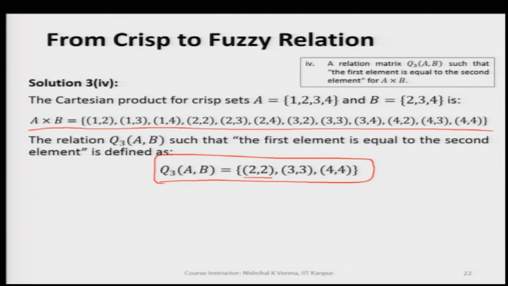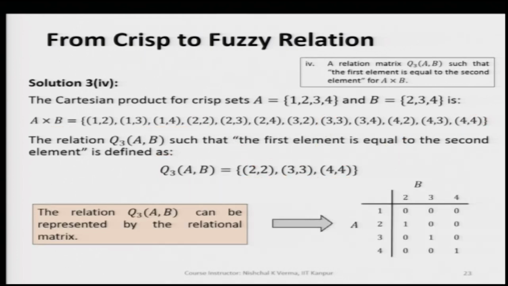So, first element, second element and then the third element, and this 2 2 is coming from here, 3 3 is coming from here and 4 4 is coming from here. This way we have another relation set Q 3 based on the condition that was given, and now further we can write this in the form of a relational matrix.